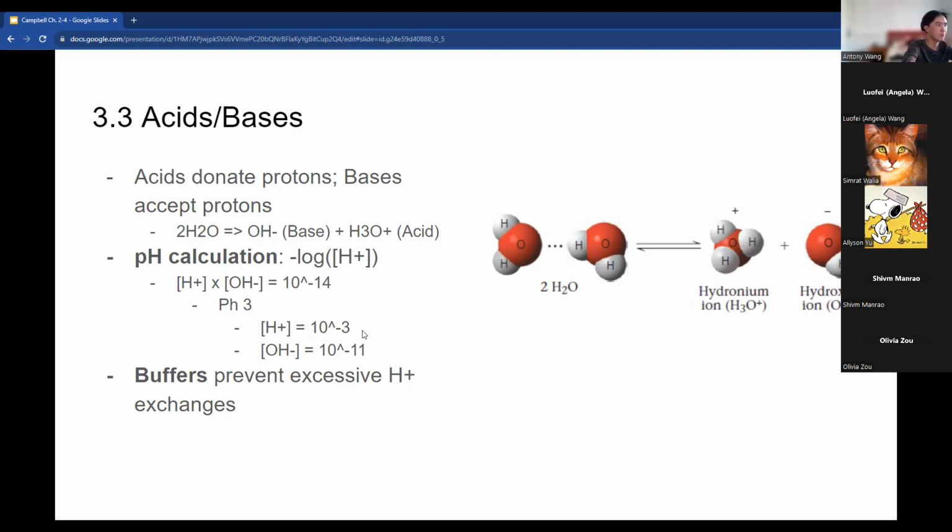Let's say that in a solution, the solute concentration of hydrogen is 10 to the power of -3. That means there's 10 to the power of -3 moles of hydrogen per liter of water. That means that solution has a pH of 3.